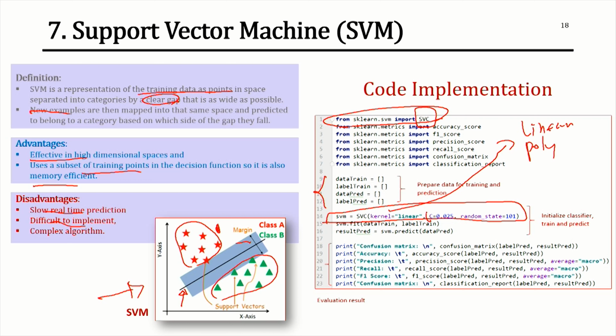This is the value for the penalty, and we have the random state. And the rest of the procedure is we fit our model, we predict, and lastly we evaluate our results. So for more details, we will take a look later at how we can use the right parameters based on our requirements. Each parameter has different goals based on our objectives.